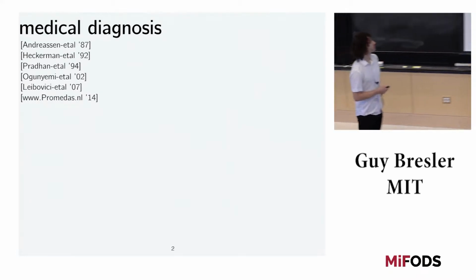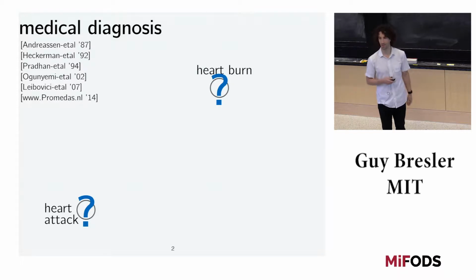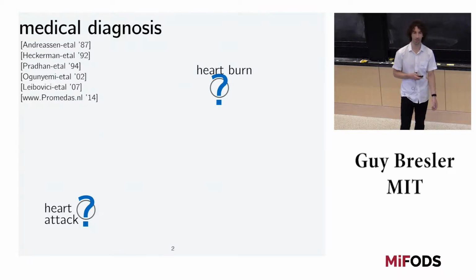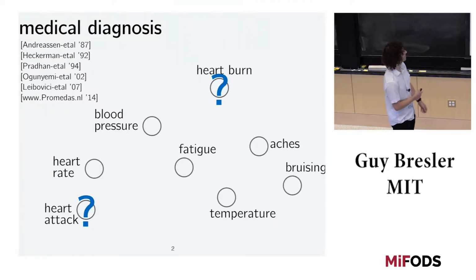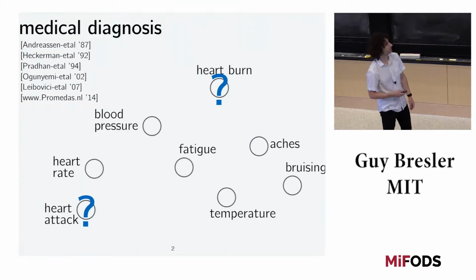Okay, so one scenario where people have used graphical models is in medical diagnosis. The idea is somebody comes into the ER, their chest hurts, they have chest pain. Now, oftentimes it's the case that they have heartburn, but sometimes they have a heart attack. Obviously, you'd like to figure out which of these is the case. So you make some measurements, maybe heart rate. They report that they're tired or something, a few other things.